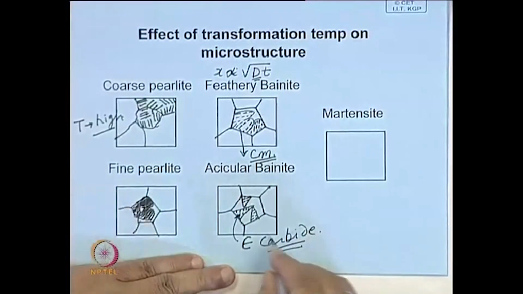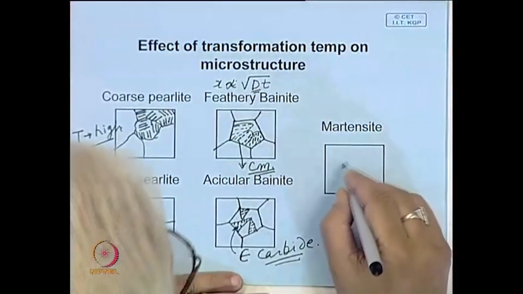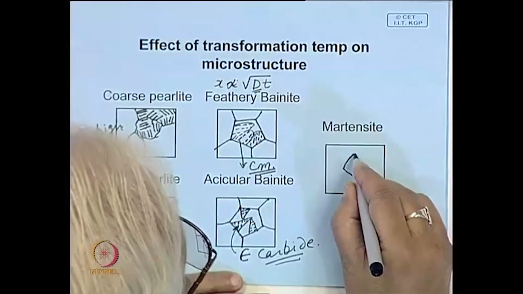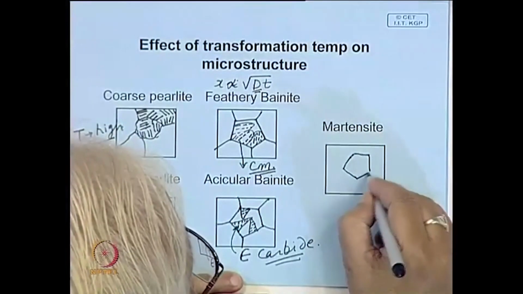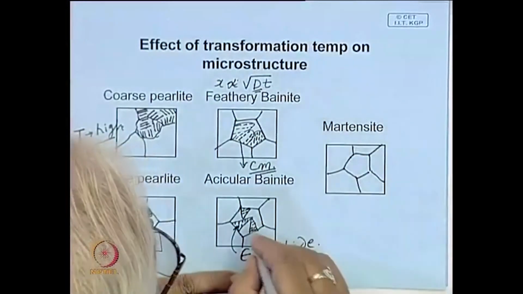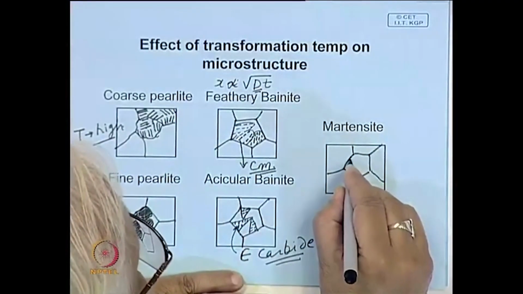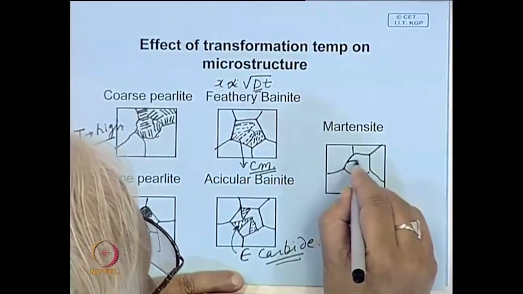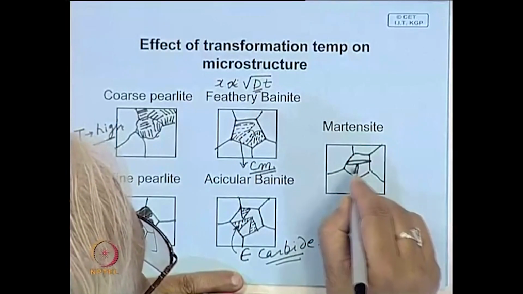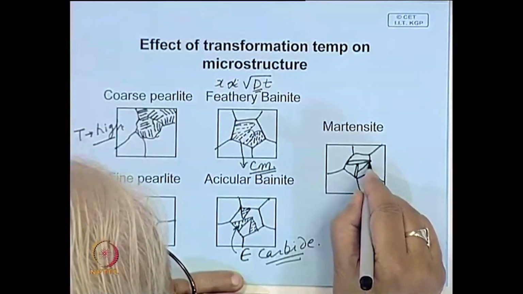This is a metastable carbide. The martensite structure is also an extremely fine structure, and here also it is a needle-like structure, and this growth takes place very fast. That means once a needle forms, it extends over the entire grain, it cannot cross the boundary, and this is the way the structure develops.